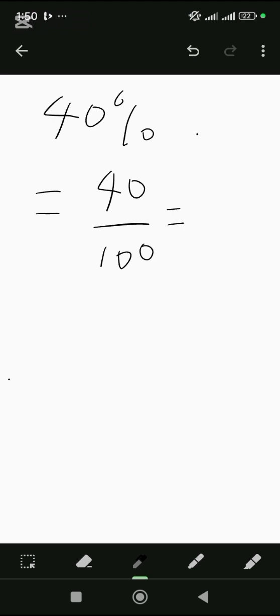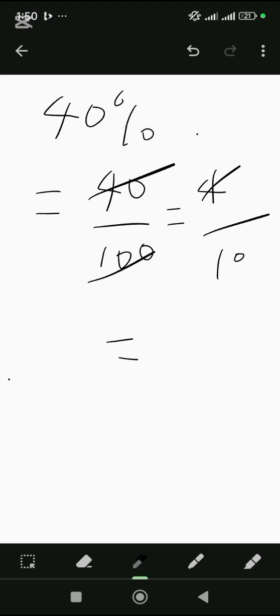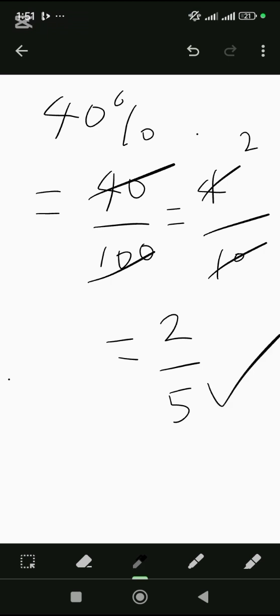What can go into this numerator and still divide the denominator also? 10 here, we go 4 times. 10 here, we go 10 times. 2 here, we go 2 times. 2 here, we go 5 times. So this is 2/5, which is the same fraction we have just solved.